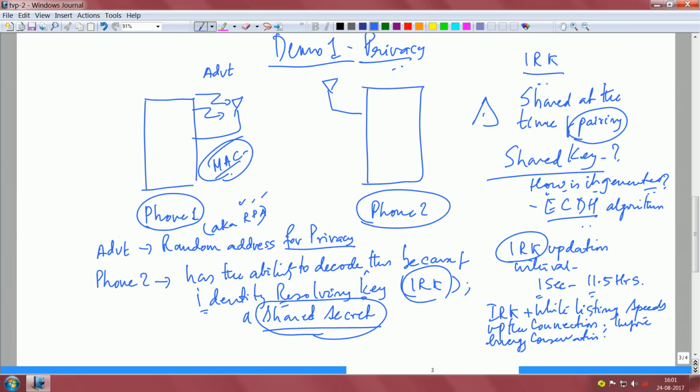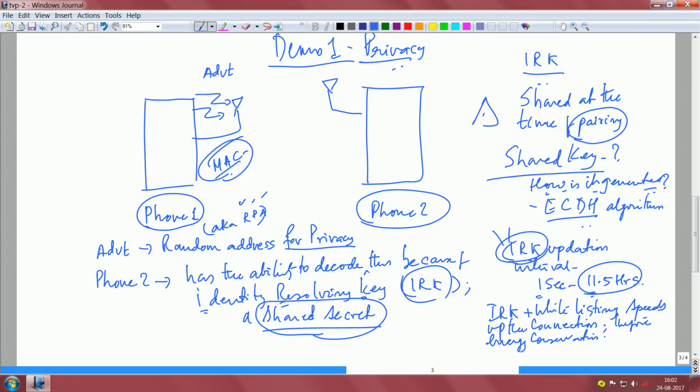If it is inside your house, it is a one time thing and you do not want to worry so much about security because it is confined to a small private area, then you may want to set it to something like 11 or 12 hours, or whatever the standard permits. So, in office environments, public places and all that, you may want to keep modifying the IRK as often as possible.